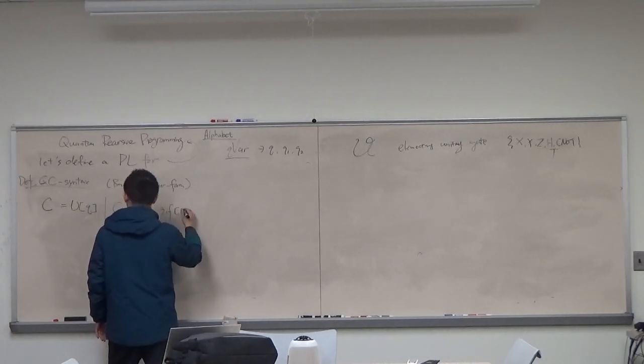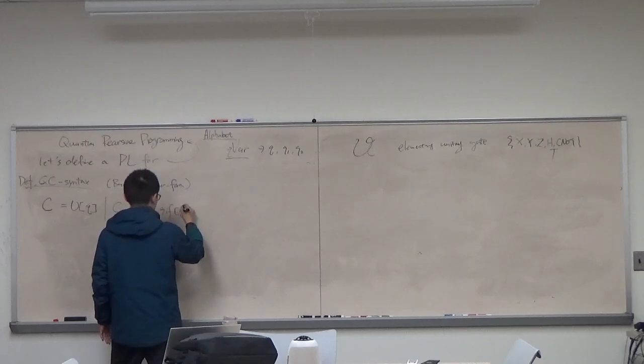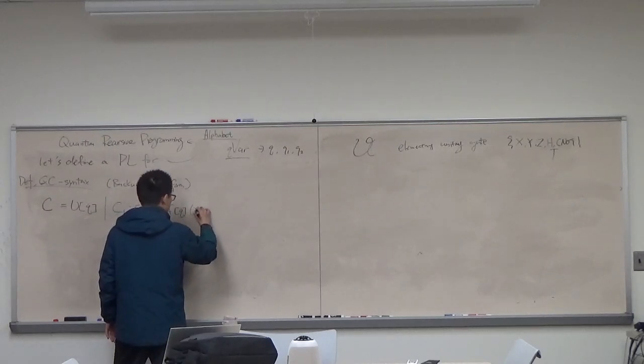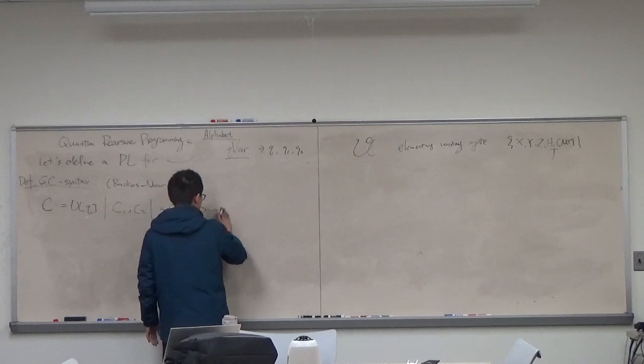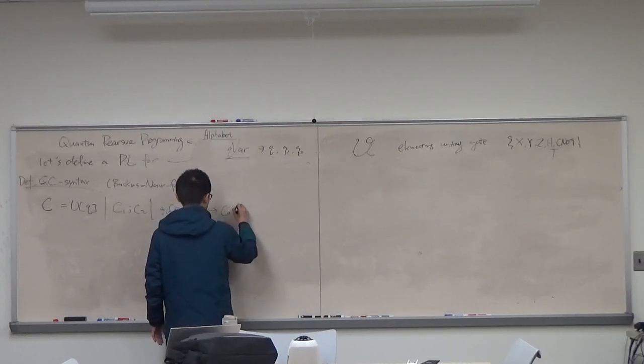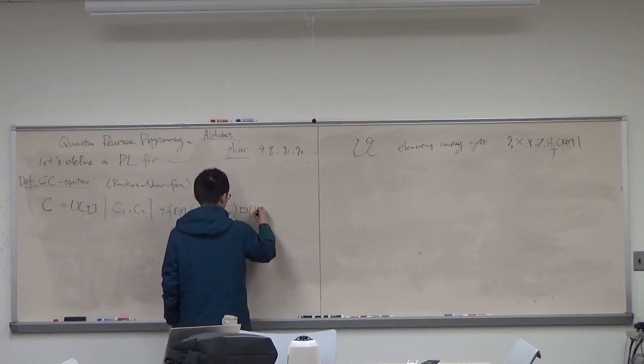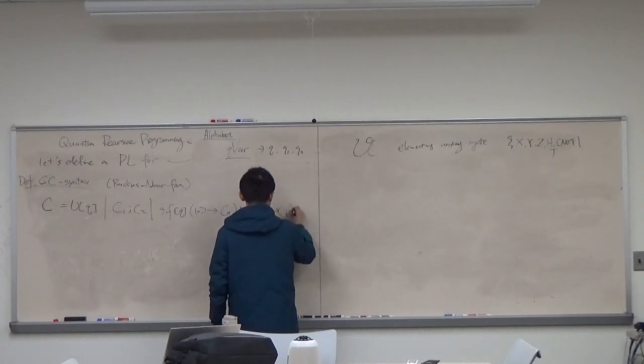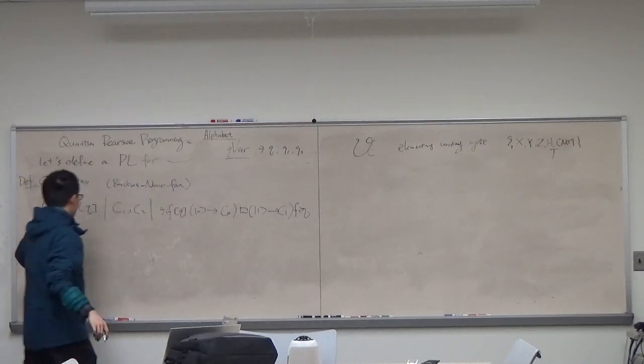Let me finish the writing and explain. 0 to C0, 1 to C1. Okay, so what does this mean?